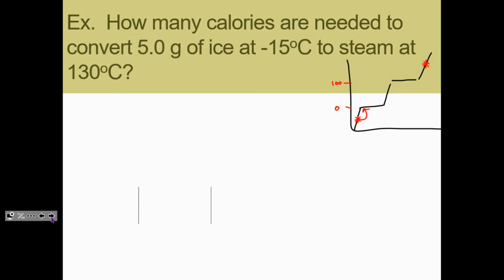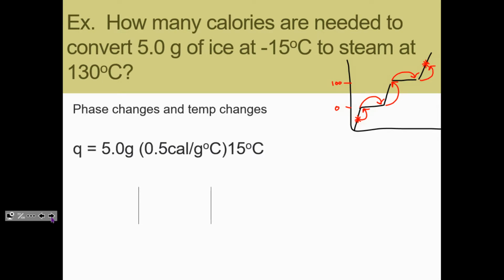So I have 1 step, 2 step, 3 step, 4 steps, 5 steps. Okay, so we're going through both phase changes and temperature changes here. So we're going to have to use Q equals m delta H twice and Q equals mcΔT 3 times.